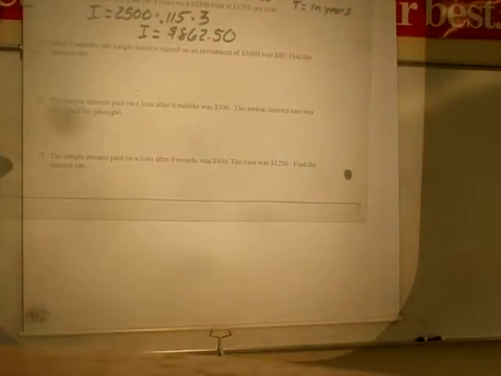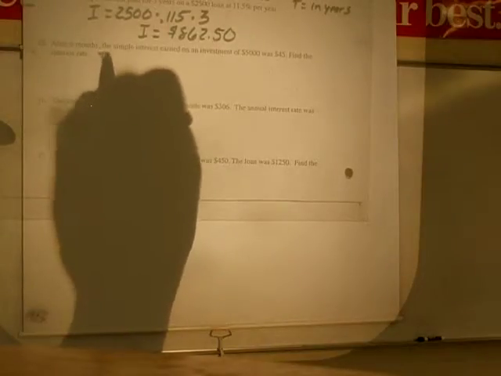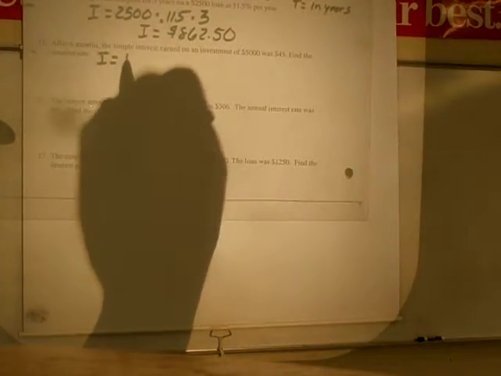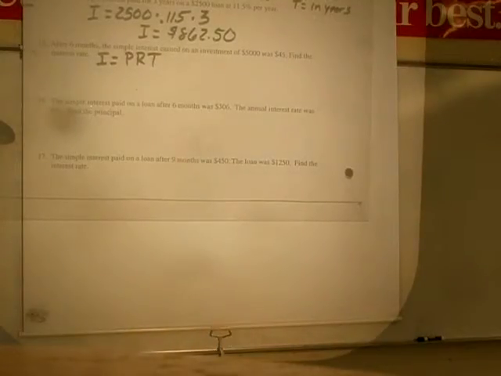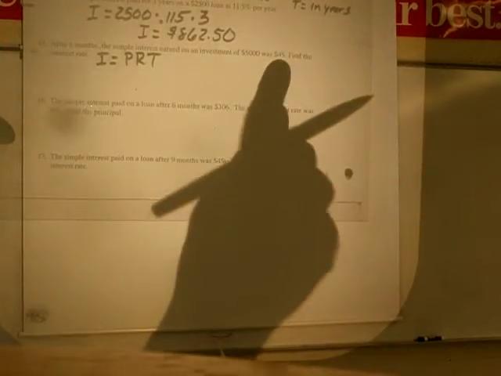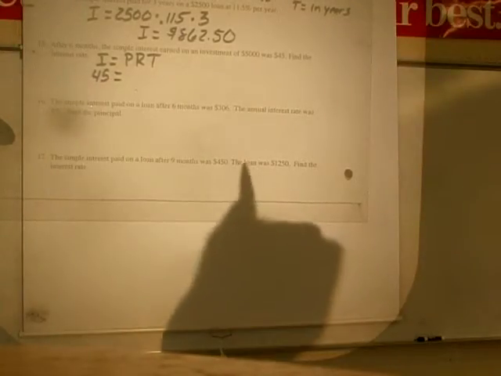Number 15 says, after 6 months, the simple interest earned on an investment of $5,000 was $45, and we are asked to find the interest rate. So interest equals principal times rate times time. In this case, we earned $45 in interest.